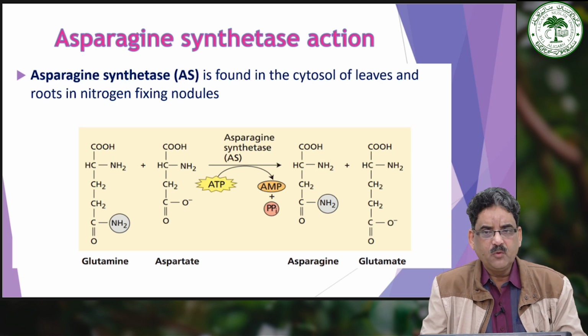The primary route for synthesizing asparagine involves the transfer of amide nitrogen from glutamine to aspartate.